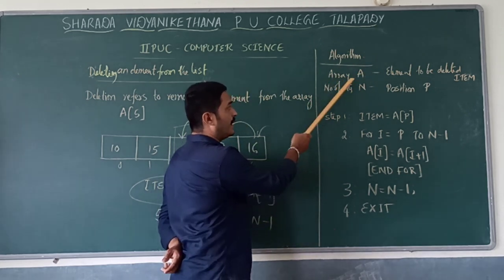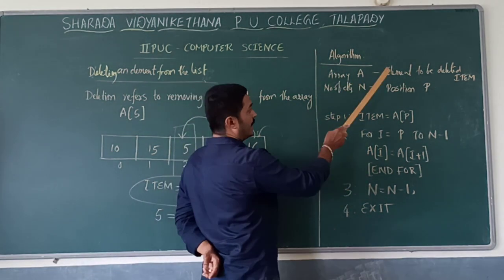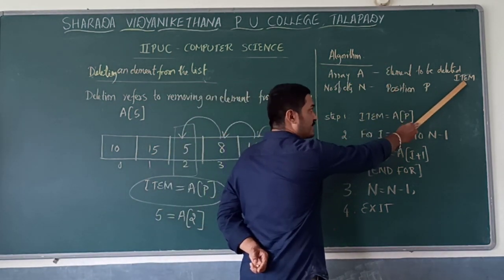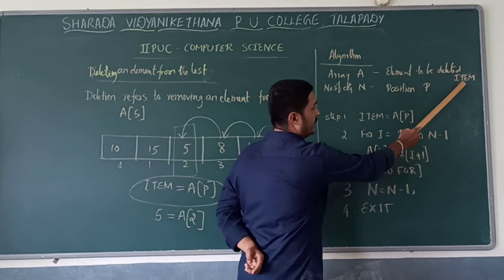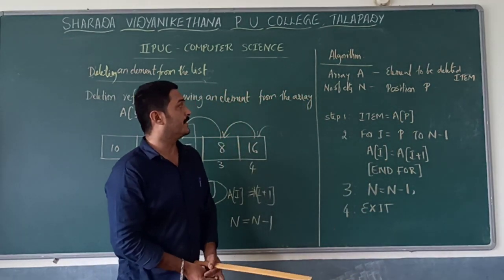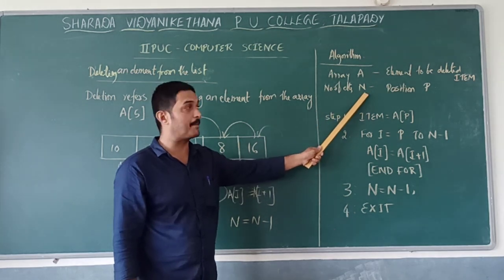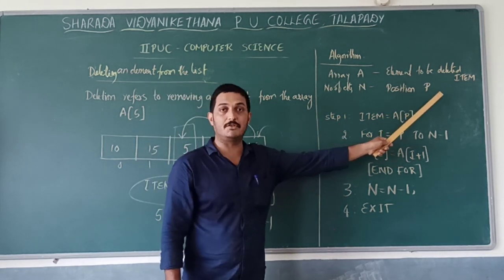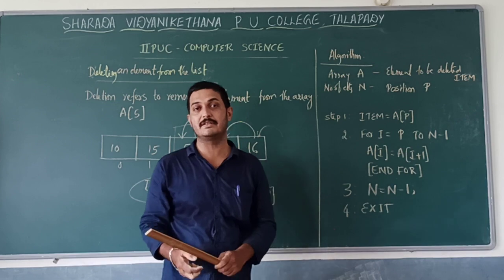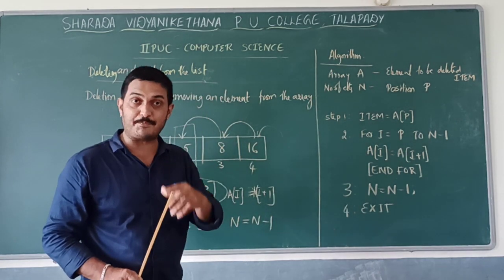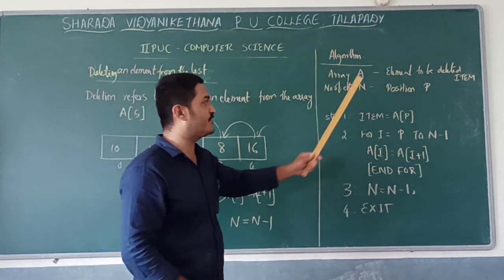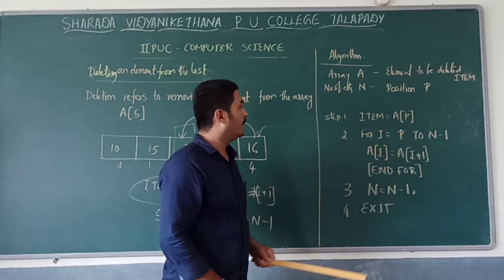Array name is A, the element to be deleted is item, the number of elements is capital N, and its position is P. Position means from which location we have to delete, which should be mentioned by the user.